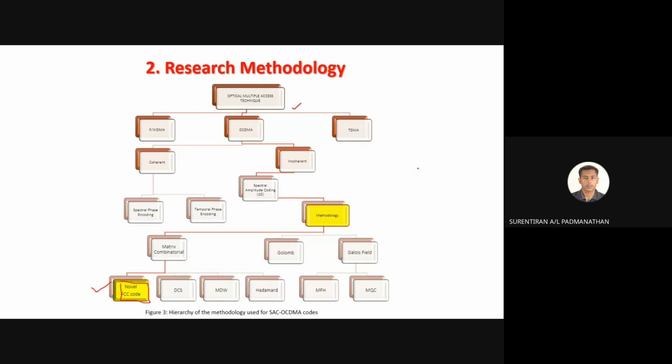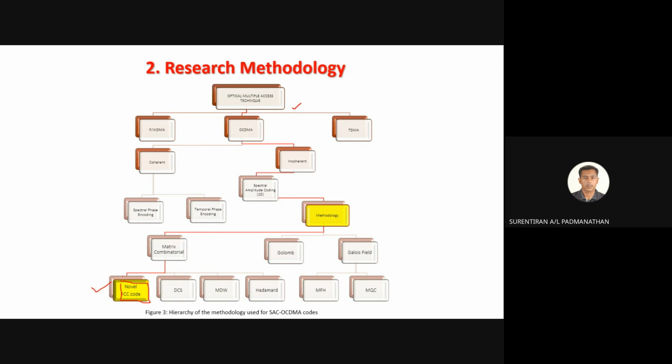So this is an example. We have a lot of different categories, and you have to make sure which method you want to choose.